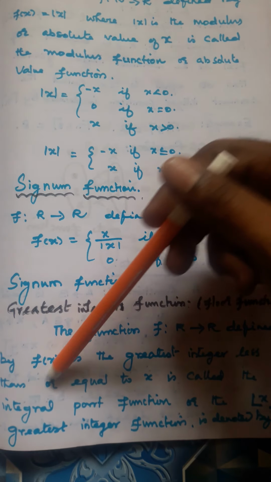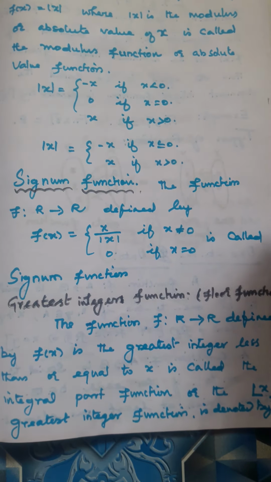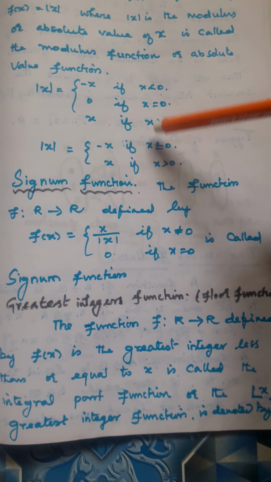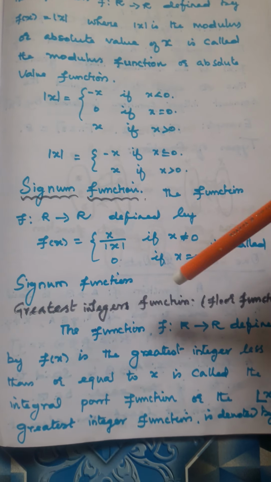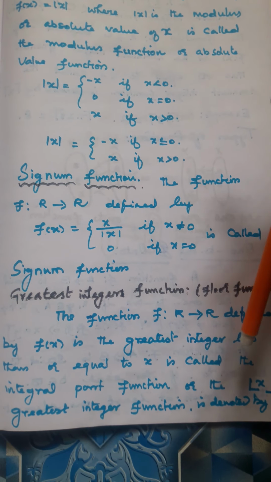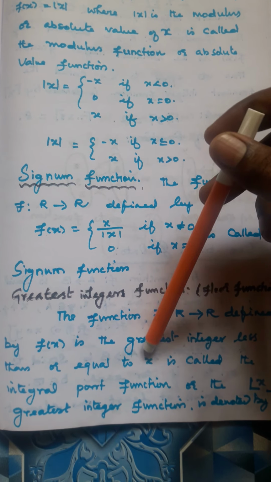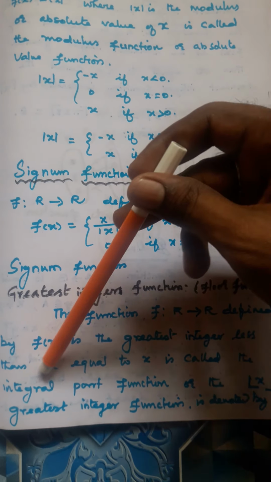So you should know what is the integral part of the function. In a decimal number, you have the integral part and the decimal part. So that is called the integral part function. The function f from R to R defined by f(x) is the greatest integer less than or equal to x. Here you have to identify less than or equal.